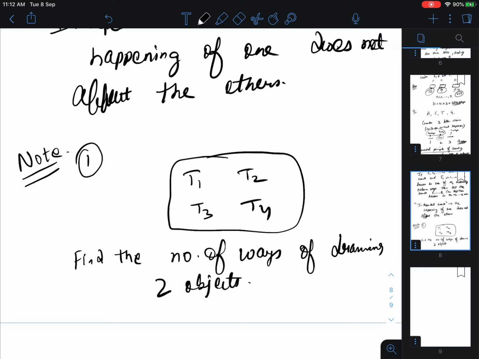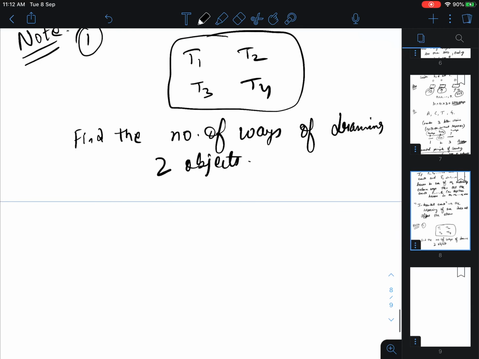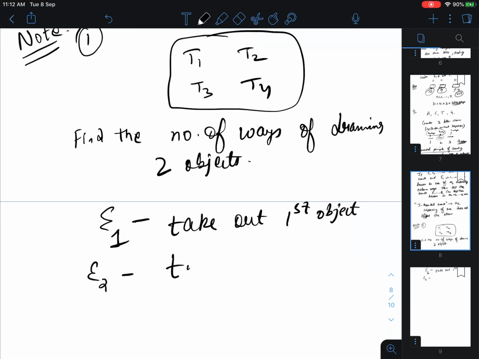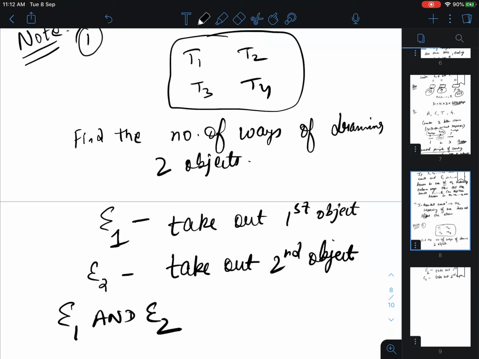Suppose event E1 is take out first object and event E2 is take out second object. All right. So basically what we want is event E1 and event E2. This will give us the number of ways of drawing two objects.